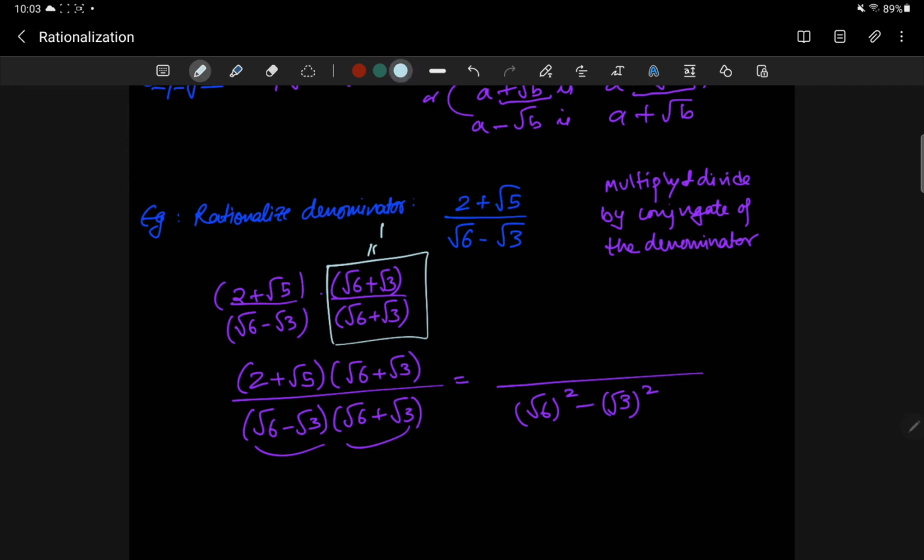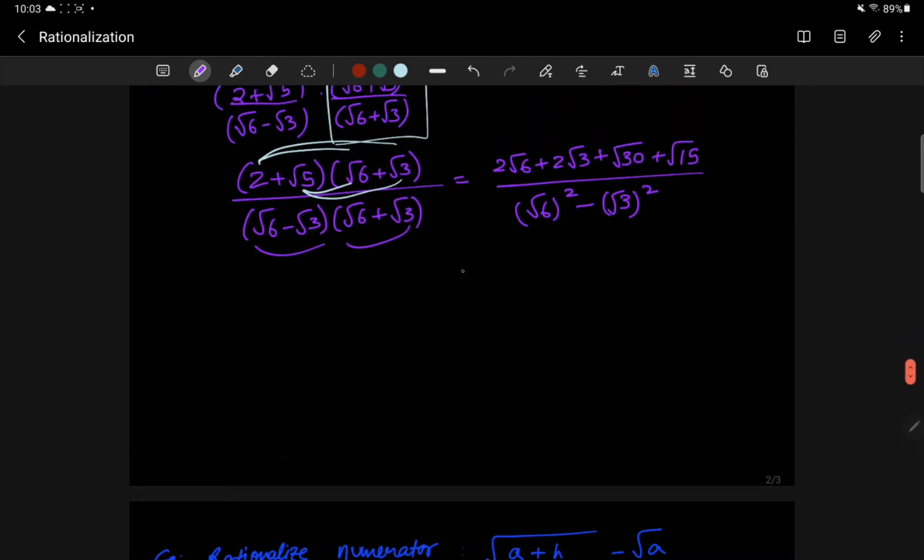And on the numerator side, I am going to FOIL all of these out. After I FOIL, that's 2 root 6 plus 2 root 3 plus root 30 plus root 15. Let's see if there's any simplification that can be done here. 30 is 6 times 5, so there are no squares there.